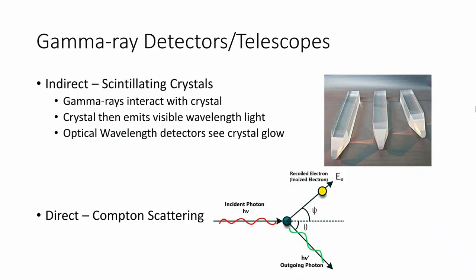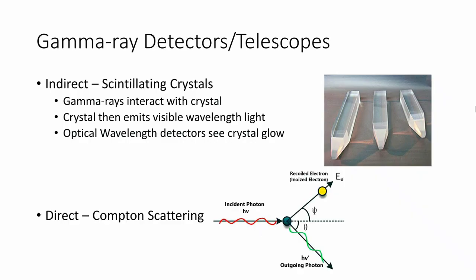What you'll do is design a scintillating crystal. These have certain chemical properties where when a gamma ray photon hits them, they will emit visible wavelength light. There's some kind of physical and chemical reaction that goes on inside of this crystal when it's hit with a gamma ray photon, and that causes it to emit light in optical wavelengths.